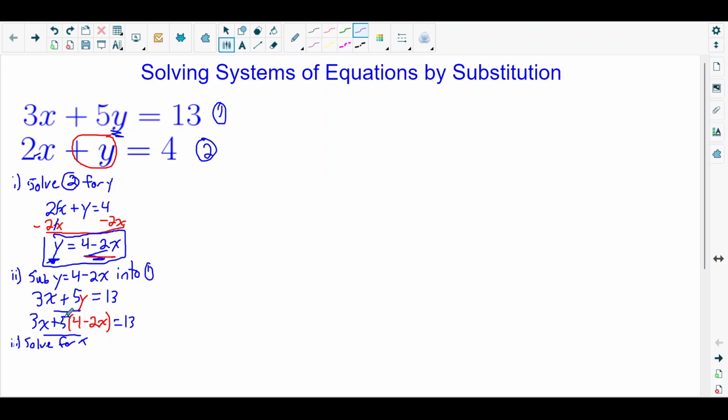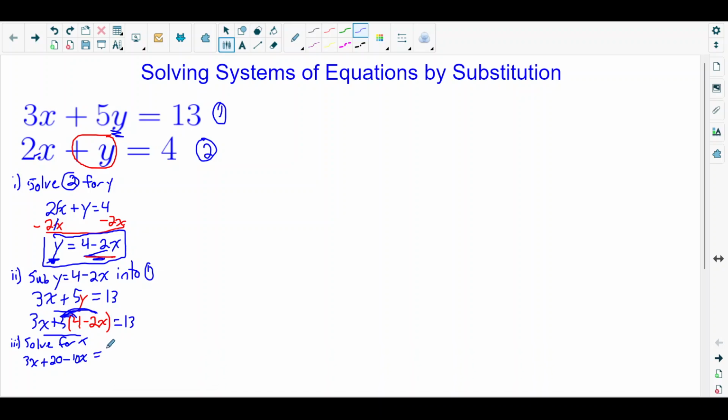In order to do that, we're going to expand, multiply through the brackets. So we get 3x plus 5 times 4 is 20. We multiply the 5 by the 4, and then we multiply the 5 by the negative 2x. 5 times negative 2x is negative 10x.